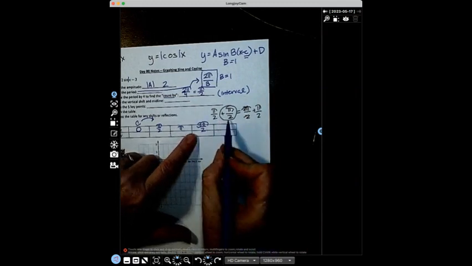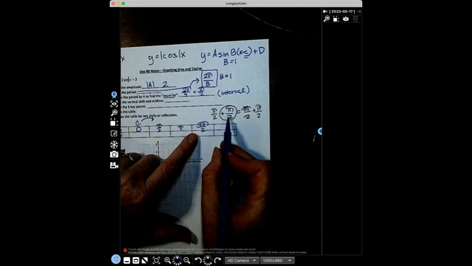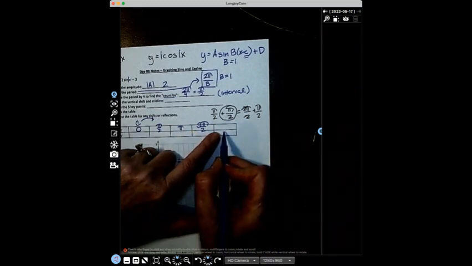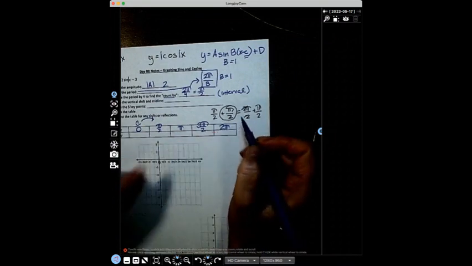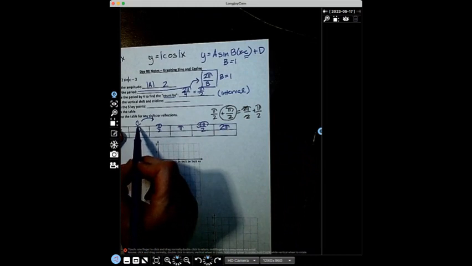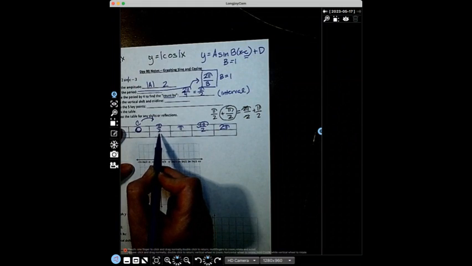And then I want to add another interval. So 3 pi over 2 plus 1 pi over 2 is 4 pi over 2, right? Which is 2 pi.